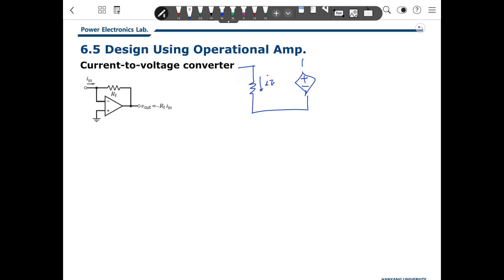Then we define this as I_in. Then the voltage is some variable, 100 I_in. We make this a dependent voltage source controlled by the current. So that is controlled and implemented in this way. Anyway, we can solve the problems here.